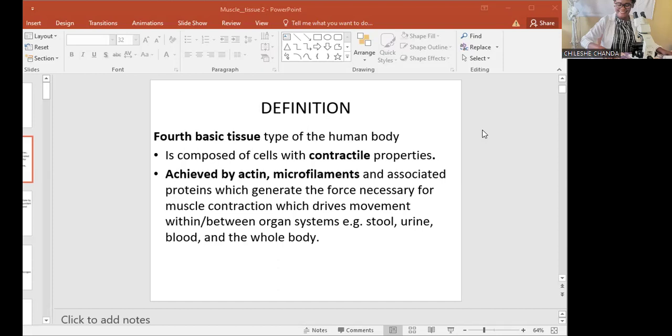When you're talking about muscle tissue, you're going to find microfilaments, and those are responsible for causing the movement to contract and to relax because of a certain mechanism that we will look at. That is how microfilaments work.